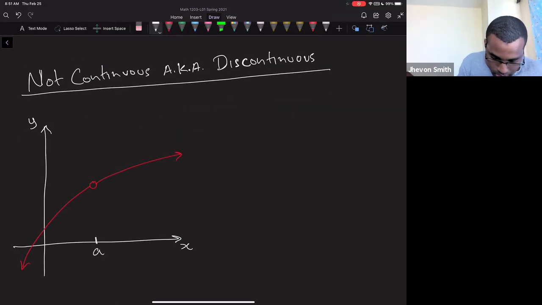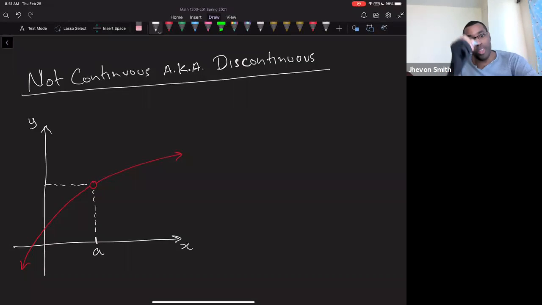Here is A. Now that's not continuous because it has a hole, which means if I'm drawing, I'd have to jump over the hole to get to the other side and continue drawing, right? I'm not allowed to touch that part. So there's obviously a disruption. It's not continuous at A.